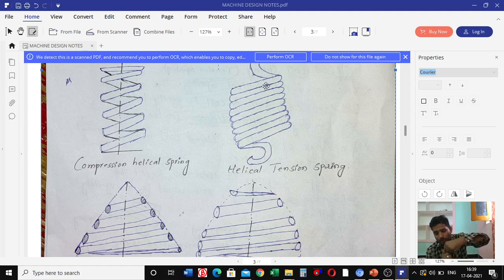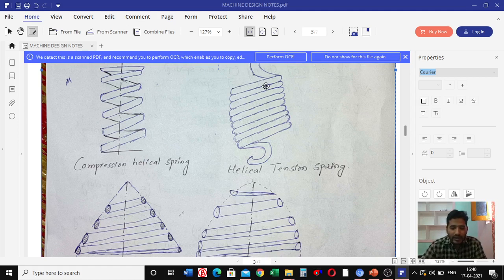So this type of spring is used to resist elongation, or it resists twisting. It is used in heavy duty applications.